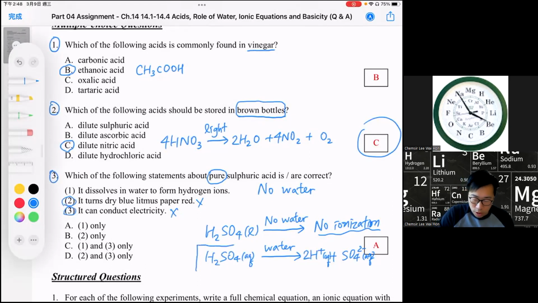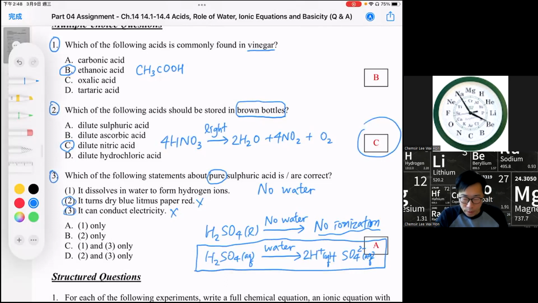So only when water is present, there will be the very important ion, that is the H+(aq). H+(aq), the ion, is responsible for the characteristic properties of an acid.